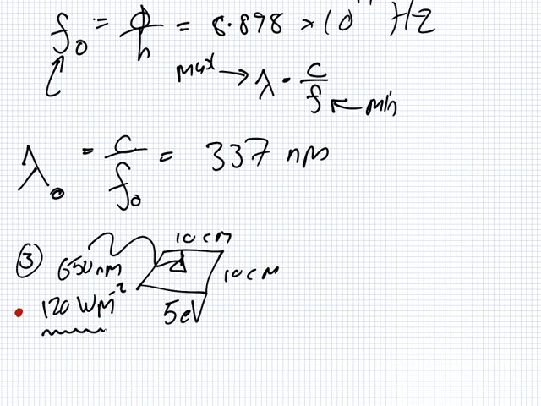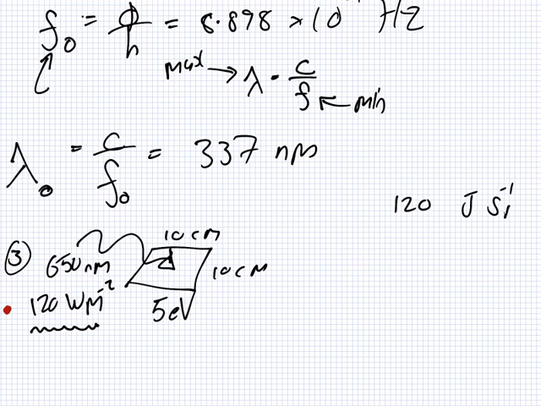Well, think about what this is saying. It's saying per second, it's 120 joules per meter squared. We want the energy in a second that falls on this.